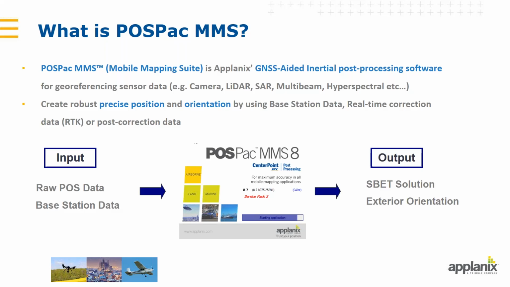You put that all into POSPac, and POSPac then generates the trajectory, which we call the SBET solution, and that stands for Smooth Best Estimate of Trajectory. Eventually, you will then use the exterior orientation processor or the export function to export your direct georeferencing data in a certain coordinate system, like a certain mapping frame, at a certain interval for your sensor data.